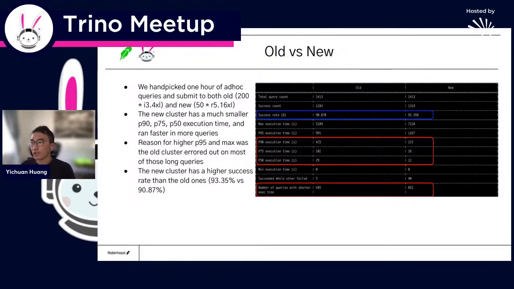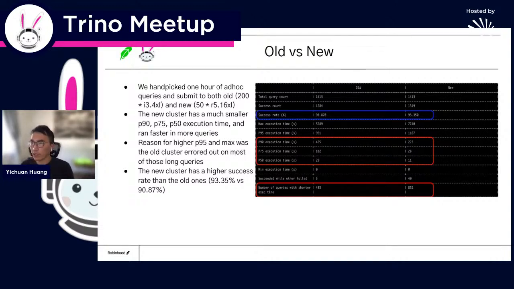So these are some stats comparing the old setup and the new setup. We handpicked 1 hour of our ad hoc queries and submitted them to both the old cluster, which is 200 i3.4xlarge instances, and the new cluster, which is 50 R5.16XL nodes.